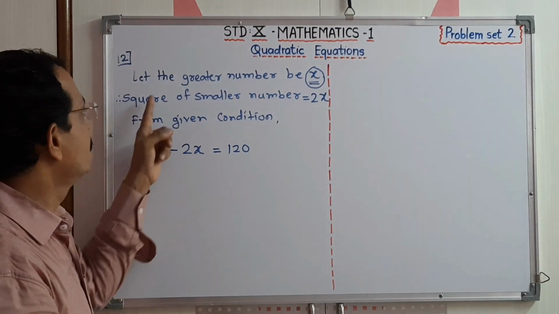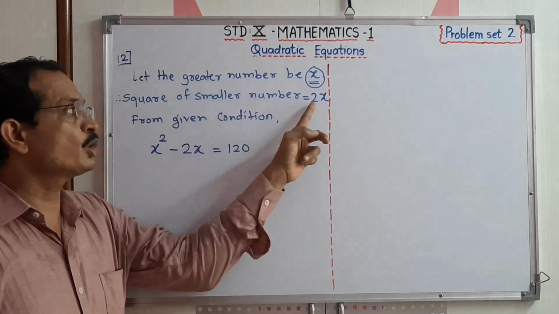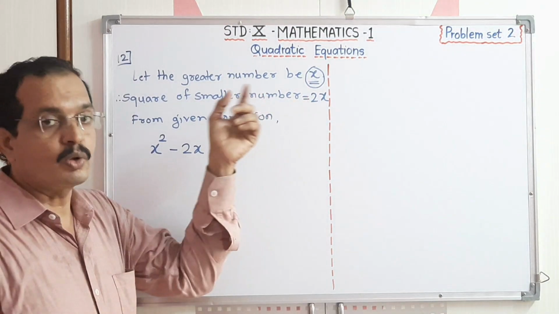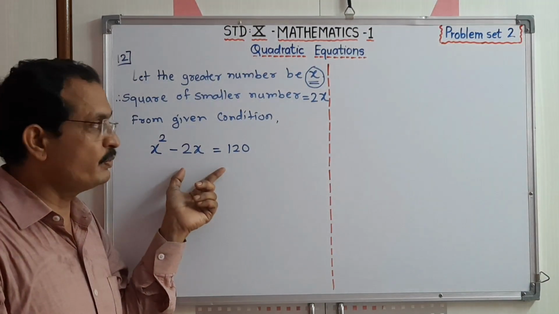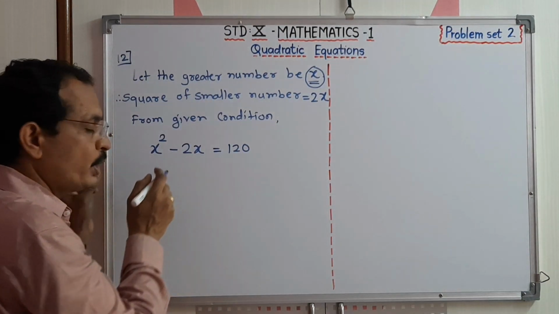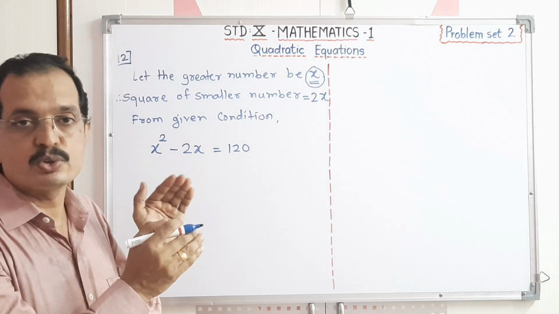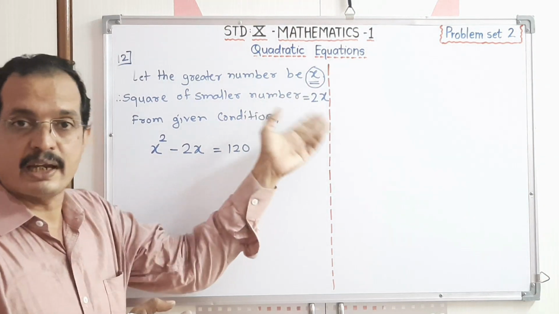Now see here, the greater number is x, therefore the square of the smaller number is 2x. The condition is that we have to find the difference between the squares of two numbers. That means we subtract the square of the smaller number from the square of the greater number.